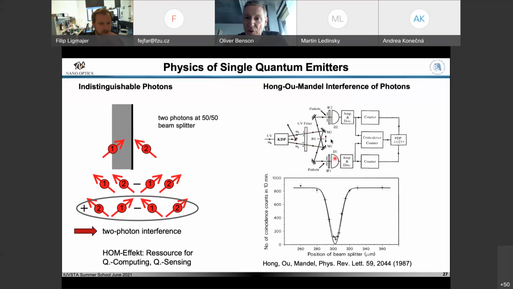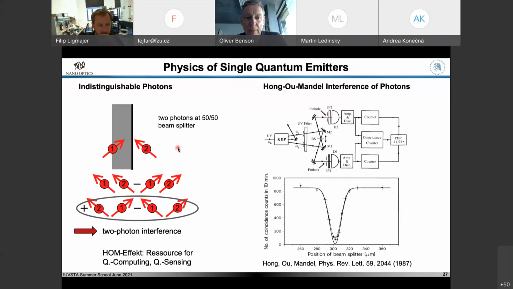If the two photons go to one detector only, then you never find the scenario that one photon is here and one photon is here. And this was exactly observed in the experiment. So you never observe a coincidence. The two photons always go to the left or to the bottom, or the two photons go to the top. So they like to bunch together.